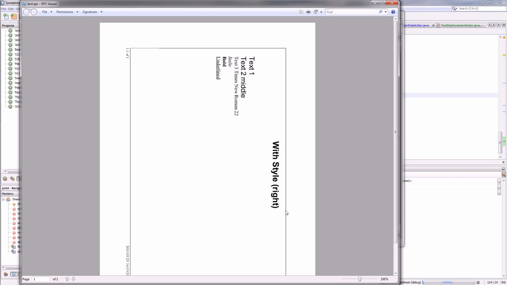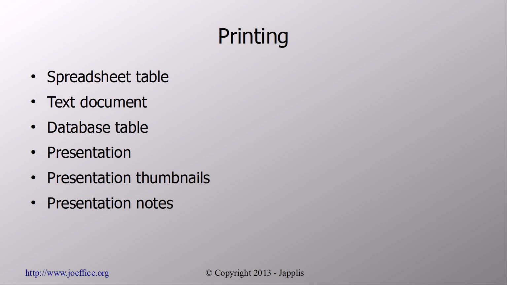And here we are. For example, I've added the printable support also to the presentation layer. I just added it to the panel that does the slides. And you see now the slide printed in an XPS file, and this one was done in landscape mode.